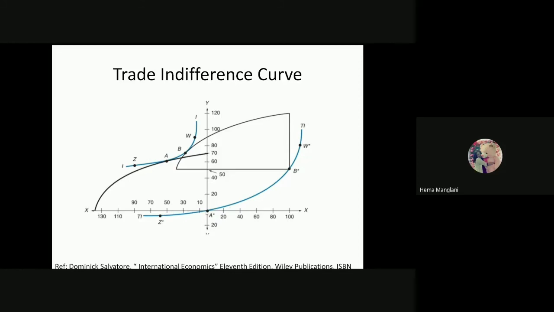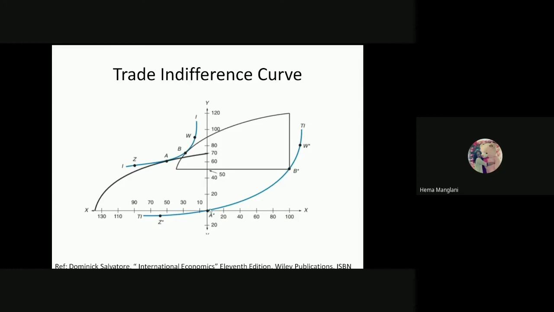Why? Because if we are choosing this A point where production point and the consumption point are similar, then we do not need to participate in international trade, and the point is revealing the zero trade welfare. So basically, this is assessing participation in international trade and the welfare which we are gaining from this trade.